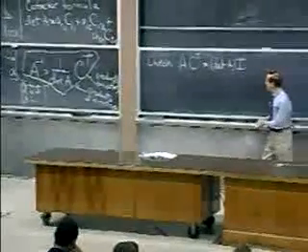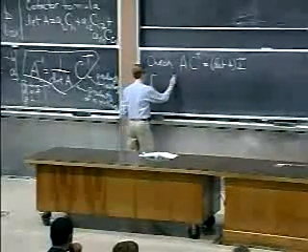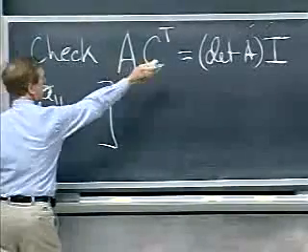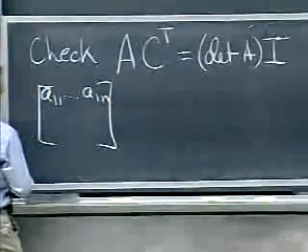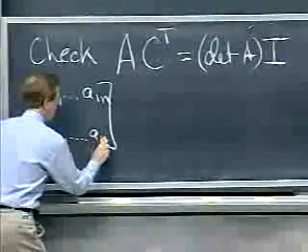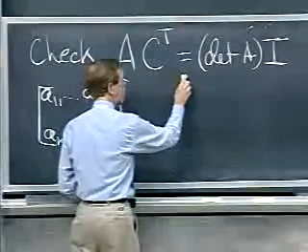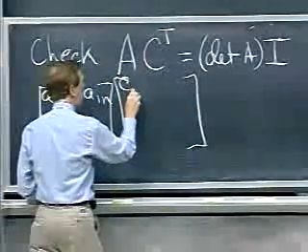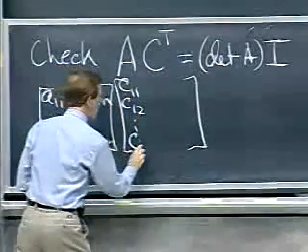Let me put down what I'm doing here. Here's A. Here's A11, going along to A1n. And then down in this last row will be AN1 along to ANN. And I'm multiplying by the cofactor matrix transposed. So when I transpose, it'll be C11, C12, down to C1n.